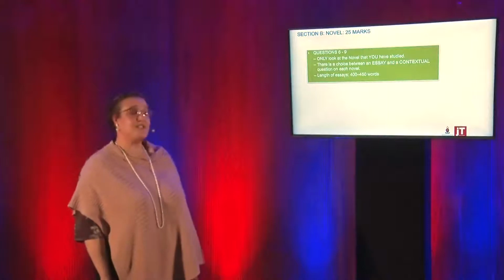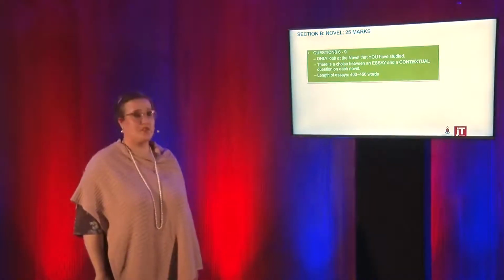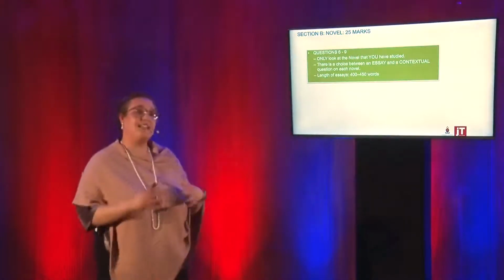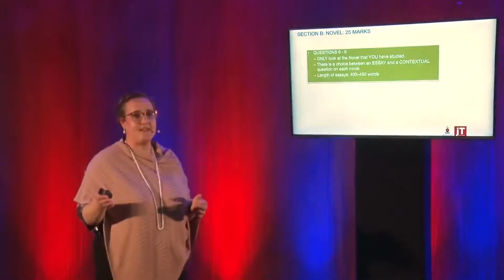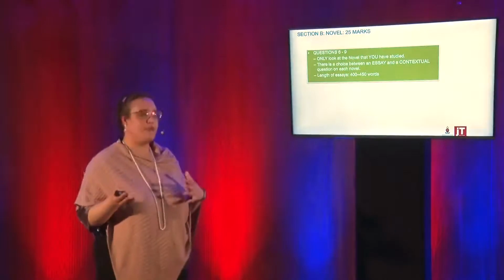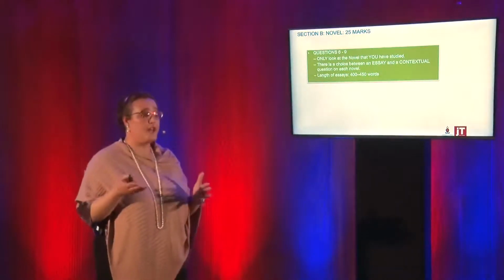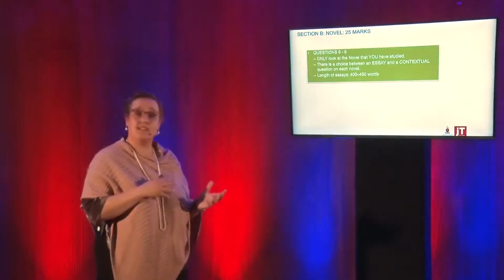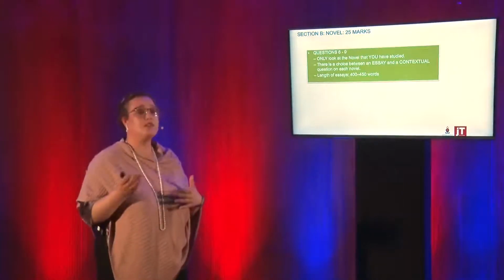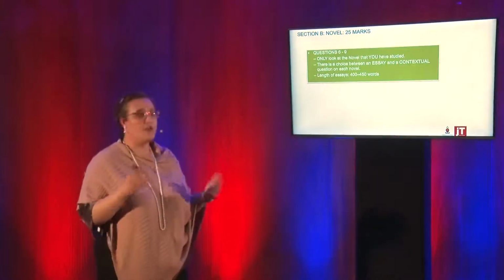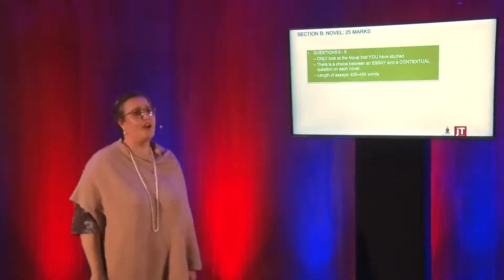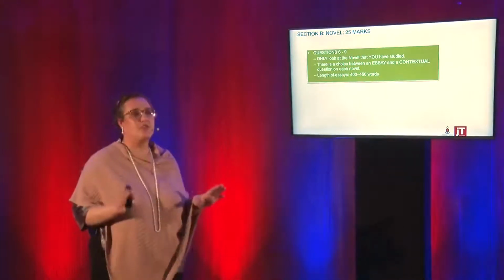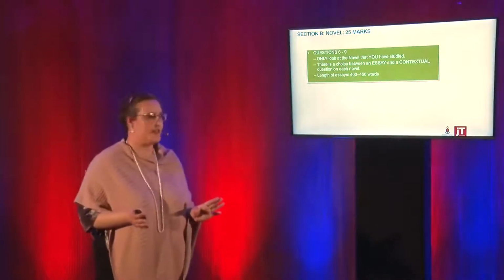All right, so let's look at section B, which is the novel. Now, you'll notice that it is 25 marks, and the same is repeated in section C, the drama. Both of them count 25 marks, because you'll either have to discuss the essay, the lit essay question, or the contextual questions, one of each of the sections. Now, take note, you have to know the novel out of your head. There's no other option here.